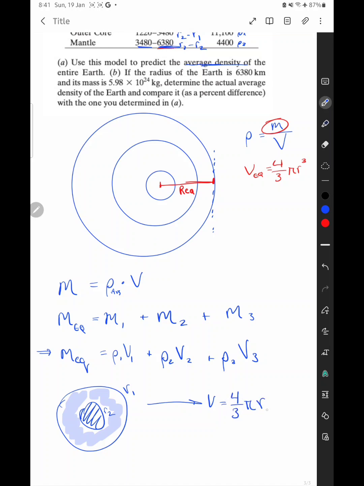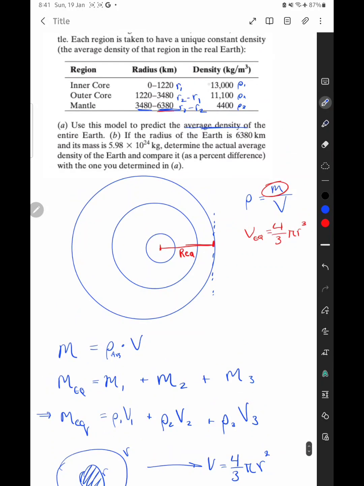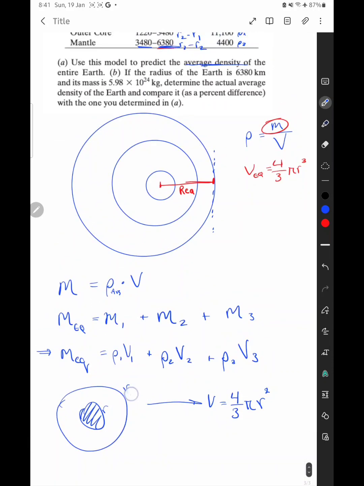the outside sphere is 4/3 pi r1. Well, just for consistency, as we go up, we're going up through the numbers. So the outside sphere is r2. Alright, and the inside sphere is r1. So this is 4/3 pi r2 squared minus 4/3 pi r1 squared.